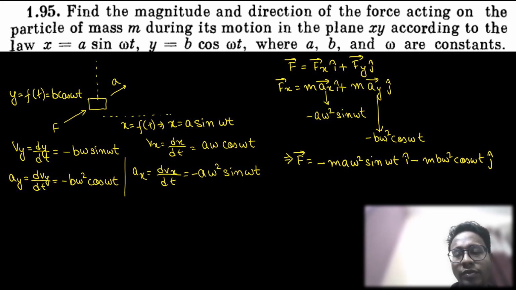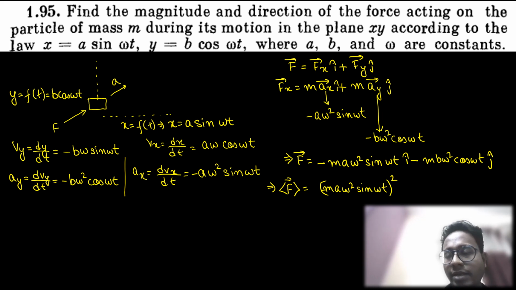Now the magnitude of force is nothing but the i component plus the j component, squared: ma omega square sine omega t whole square, the minus will get translated to plus, minus mb omega square cos omega t whole square, under root.